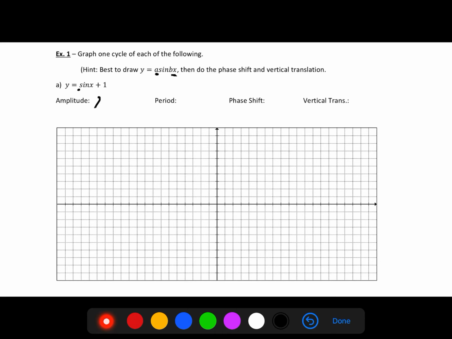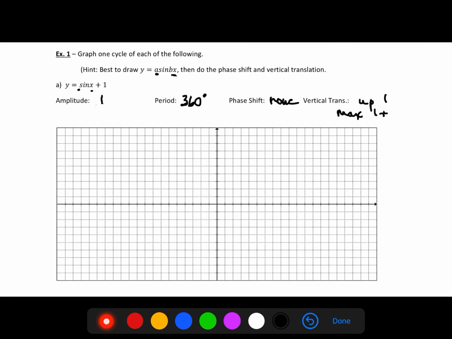So if we're going to graph y equals sine x plus 1, we know our amplitude hasn't changed, so our amplitude here is just 1. Our period has not changed, nothing in front of x, so our period is still 360 degrees. There is no phase shift, and our vertical translation is up 1.